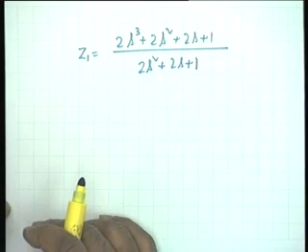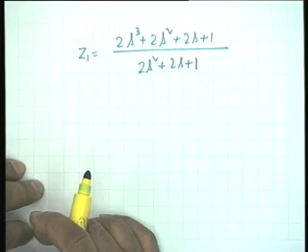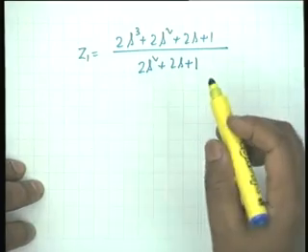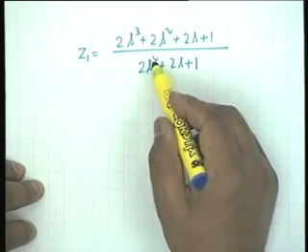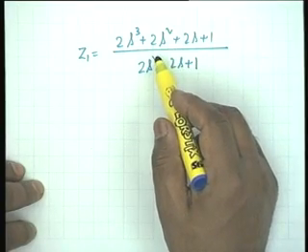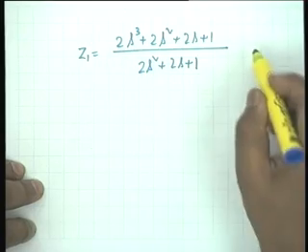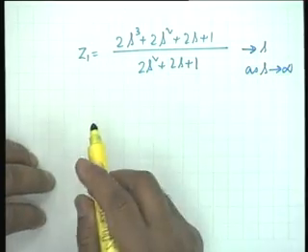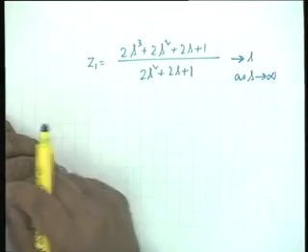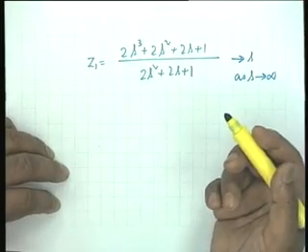You notice that this impedance has a pole at s equal to infinity, isn't that right? As s goes to infinity, the highest power term in the numerator is 2s cubed, the highest power term in the denominator is 2s squared, so it behaves like s. Z1 tends to s as s tends to infinity, which means that Z1 has a pole at infinity. And what we do is we remove this pole.